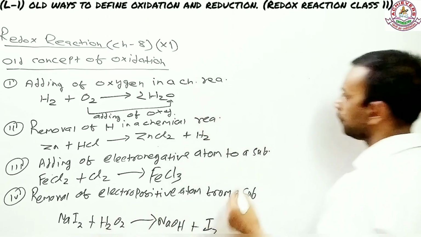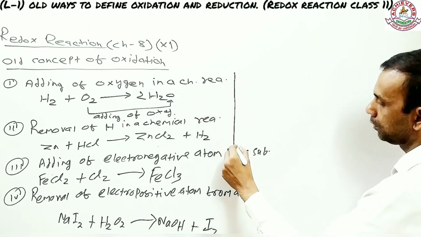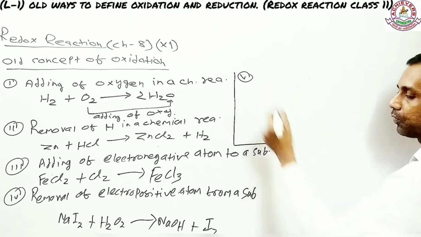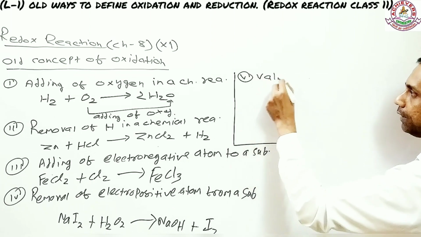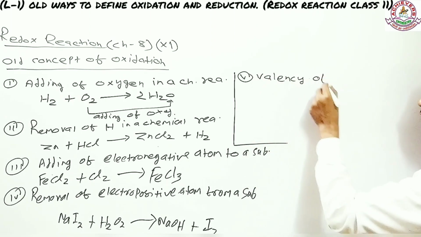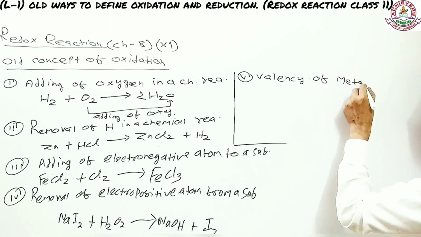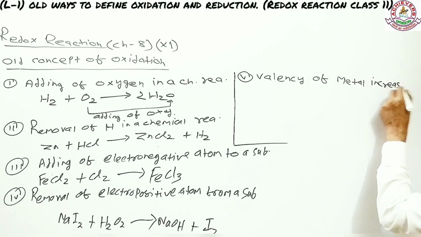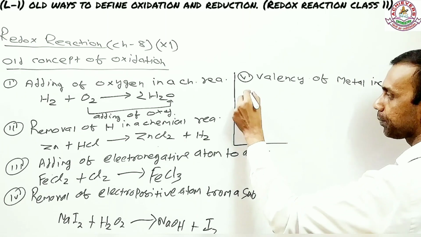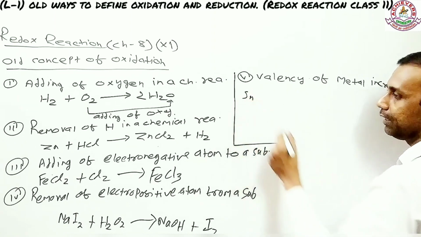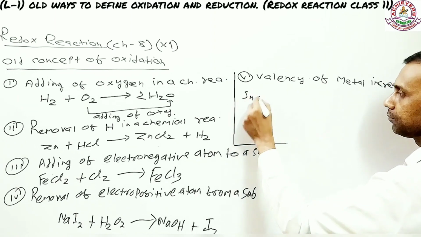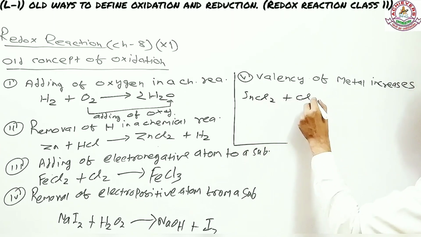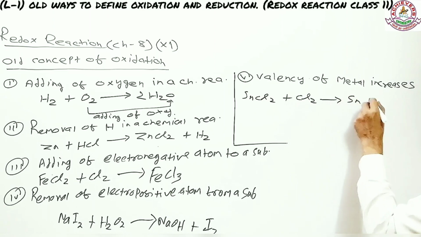Let's talk about the fifth one. The fifth one says, if the valency of a metal increases, I hope it's coming in the frame, like SnCl2 when it reacts with chlorine, this forms SnCl4.